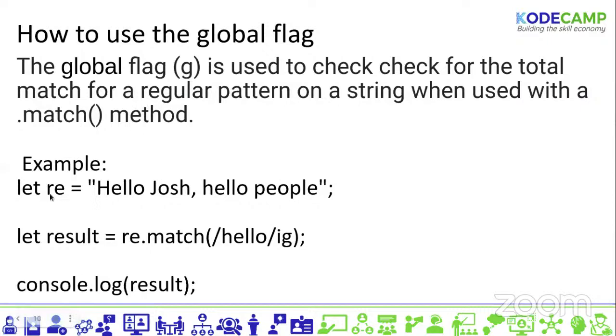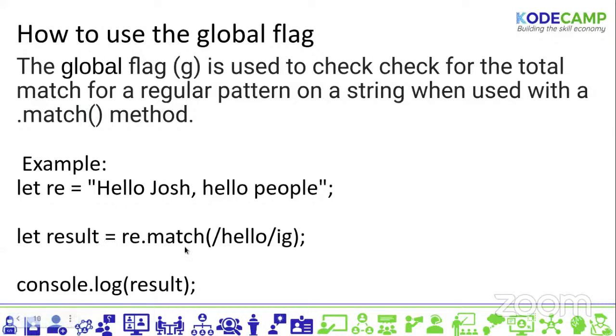So for example, we see this regular expression, re is equal to hello, and the string is hello Josh, hello people. Then we say let result equal to this re.match. Then we test it with this pattern. See, we can also use the ignore and global flags together. You can write I before G, you can write G before I, either would work.